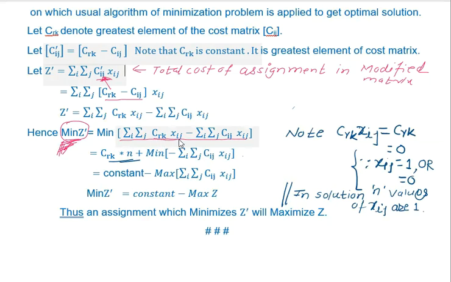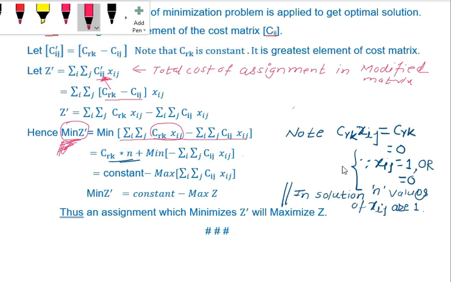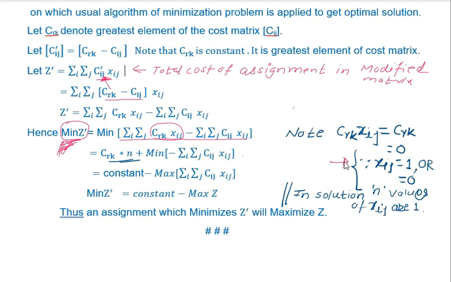Now look at the product CRK into Xij. Xij takes two values, 1 or 0. Xij is 1 where we made an assignment. Otherwise, if we do not make an assignment in a cell, in that case Xij is 0.